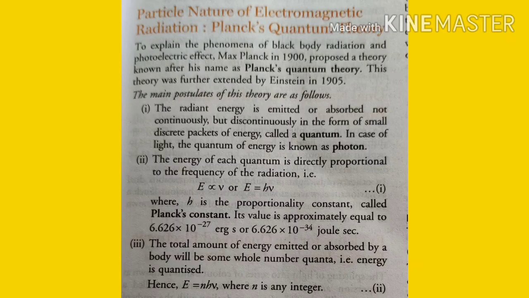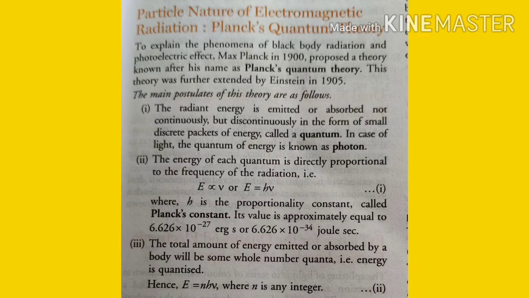According to this, when a substance absorbs energy, that energy is not absorbed continuously, but there is the absorption of energy in the form of energy packets. When we talk about light energy, these packets are photons, which have certain energy. So a substance can absorb either one photon or multiple photons, maybe 5 photons at one time, maybe 10 photons at one time.